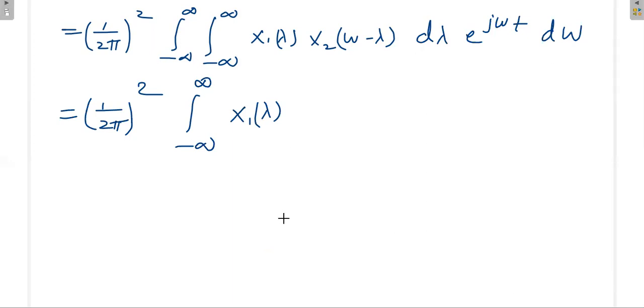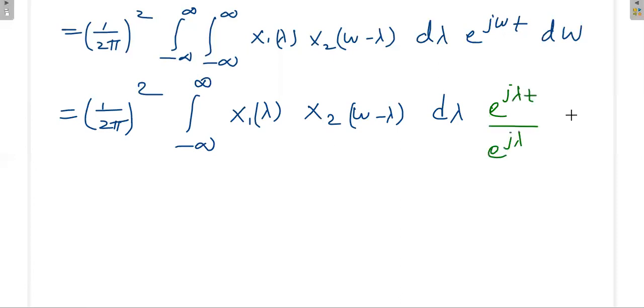So we have to introduce e power j lambda t. So already X2 omega minus lambda is there, d lambda. Now I am going to introduce a new term, e power minus j lambda t, and again the rest of the thing is same, e power j omega t d omega. Now if you combine this with this, you will be getting e power j omega minus lambda into t, and also this e power j omega t you can combine with this one.